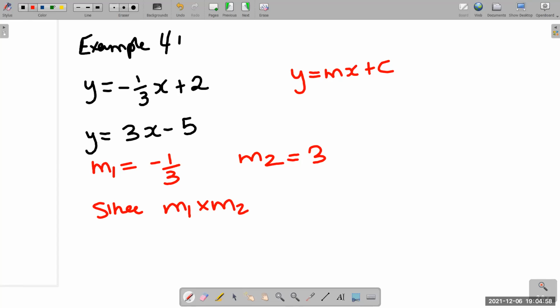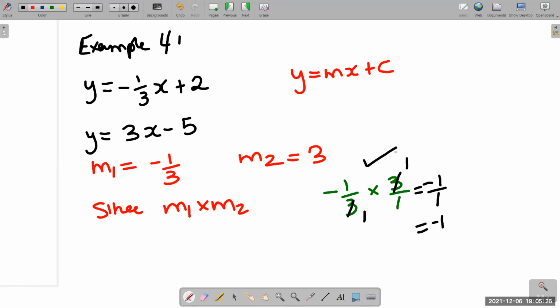Is that true? Let's come on the side here and prove it. -1/3 times 3. And what is the same thing as 3? 3/1. Everybody see how I get 3/1, right? So let's cancel it now. 3 into itself goes once, 3 into itself goes once. So what are we going to end up with? -1 times 1, -1/1, which is the same thing as -1.